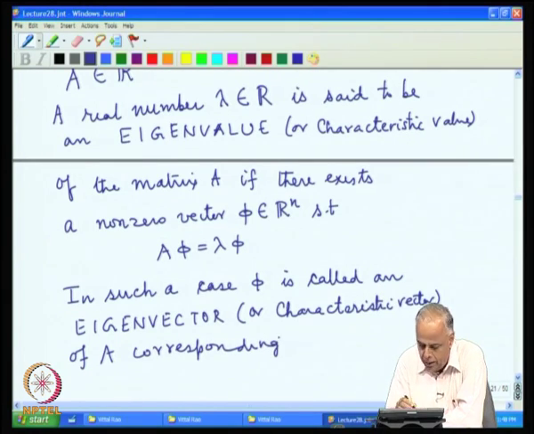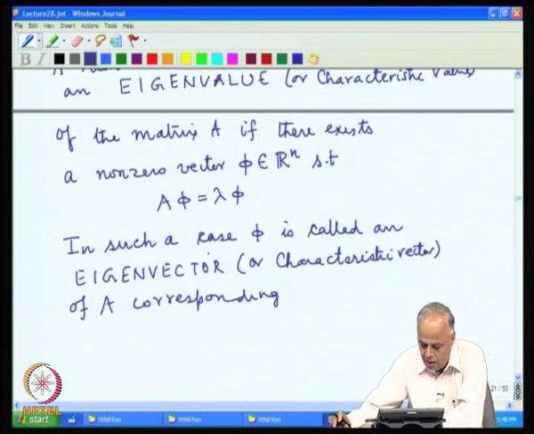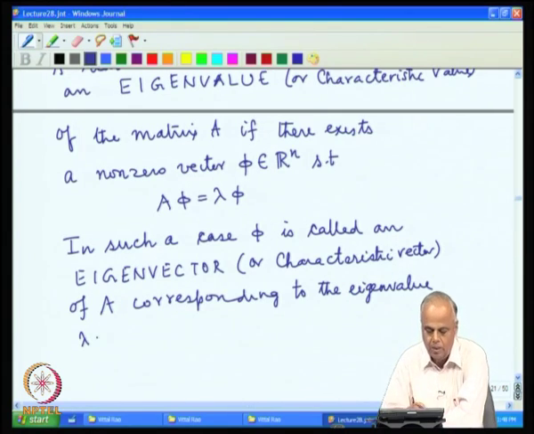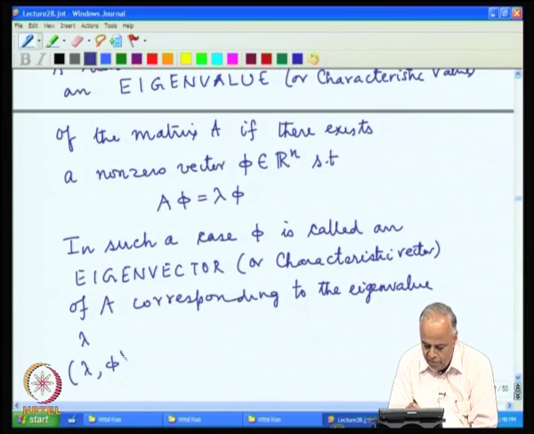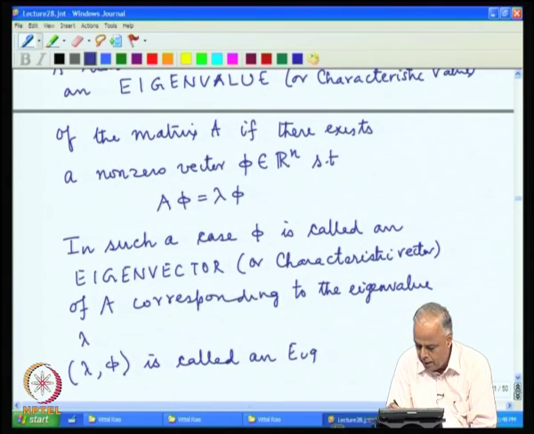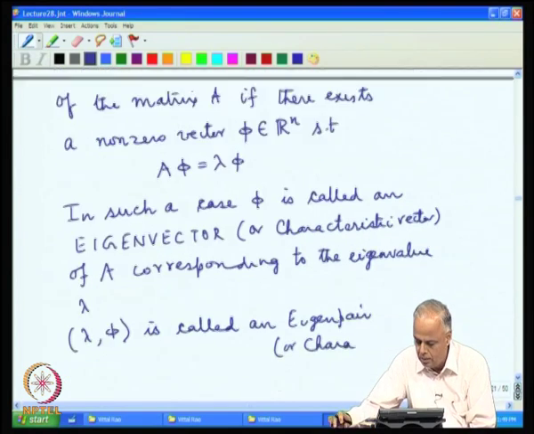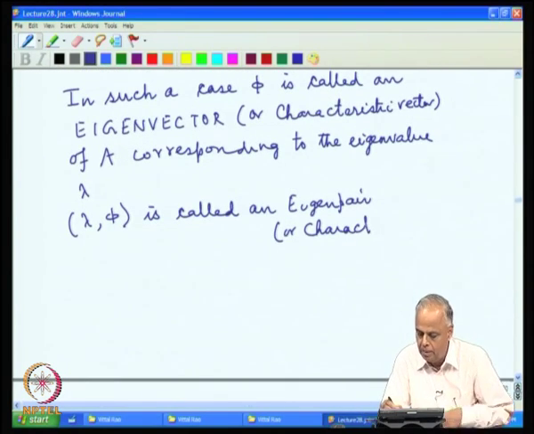It is invariant and the scaling factor is lambda. And this pair lambda, phi is called an eigenpair, or a characteristic pair.